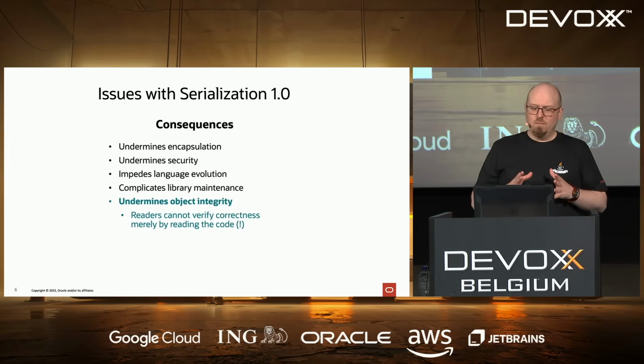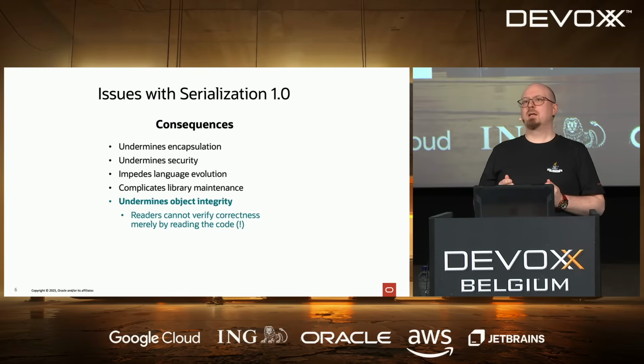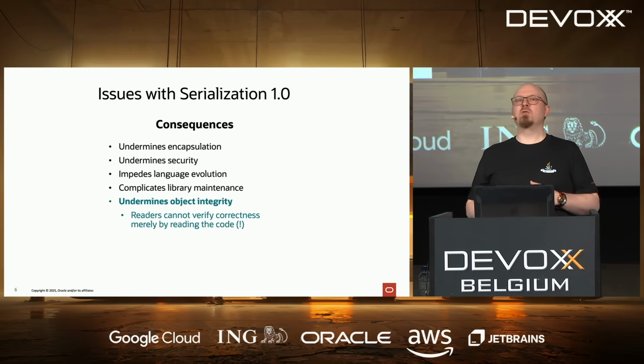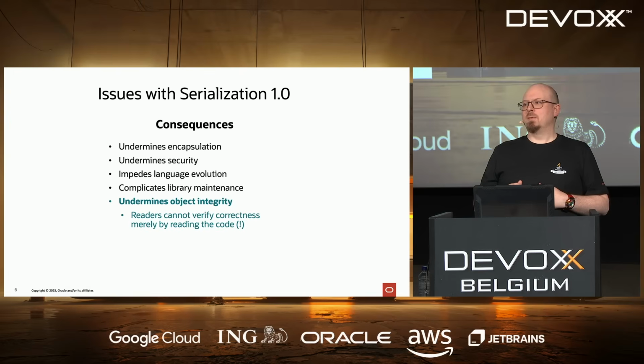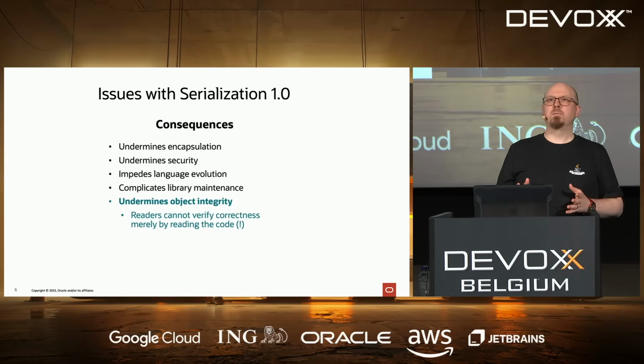One of the bigger things here is undermining object integrity. If you look at a pull request of a Java class that implements serializable, and you see that it has defined a readObject and a readResolve, and it has some readObjectNoData method, how many in the audience know the order in which these methods are invoked by heart?